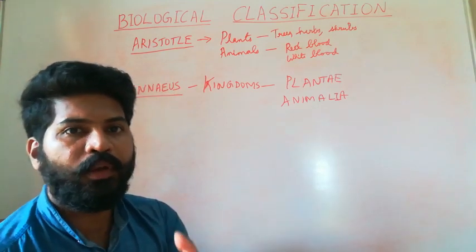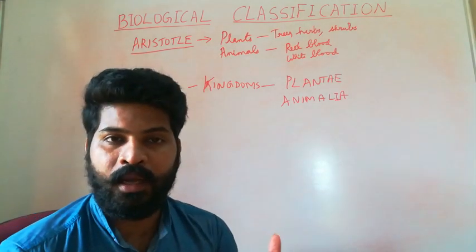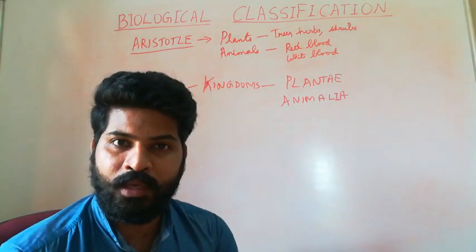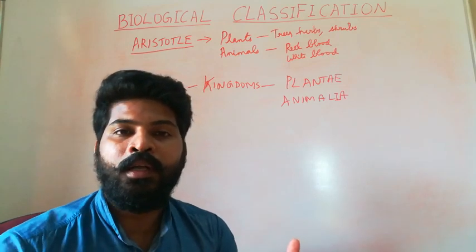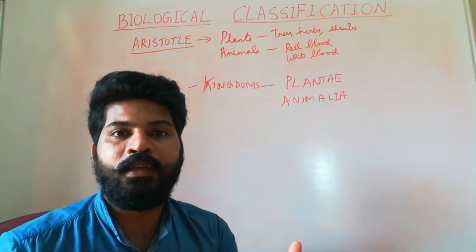Let me give you a couple of examples. Take for example bacteria. Bacteria is unicellular. This is placed with a multicellular alga or a multicellular gymnosperm.